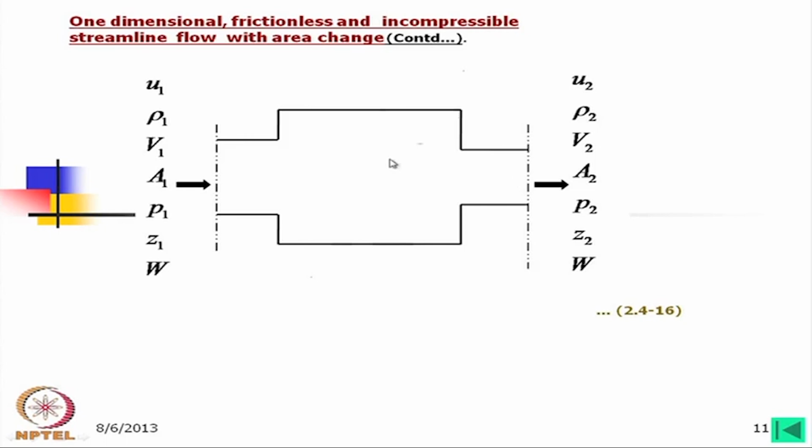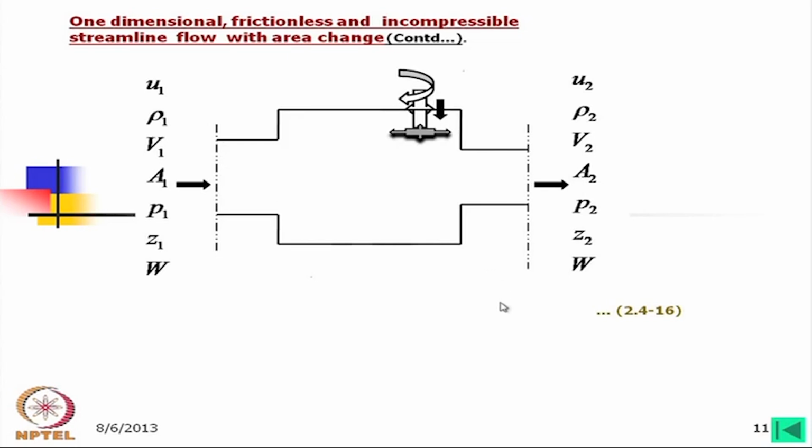We have neglected that part, though there will always be friction in a conduit. Also, we are developing this equation for incompressible streamline flow; for turbulent flow the equation will be different. Only thing, there will be change in area.